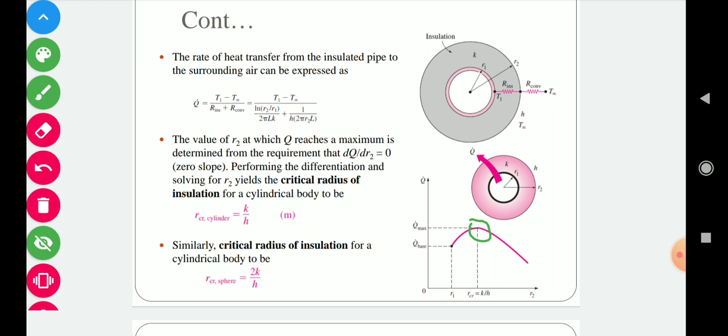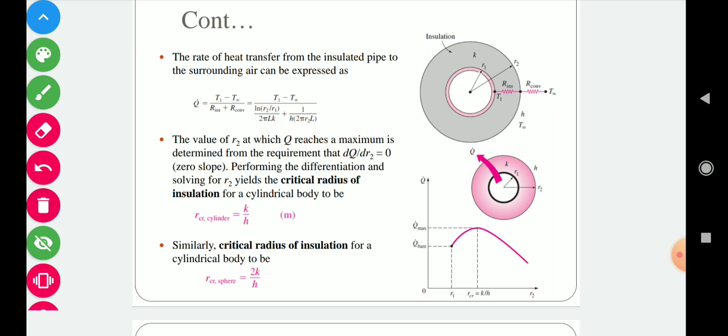So insulation thickness should be higher than this critical radius. Only after that will the heat transfer rate decrease. But if the thickness of insulation is less than the critical radius of insulation, the heat transfer rate will actually increase.